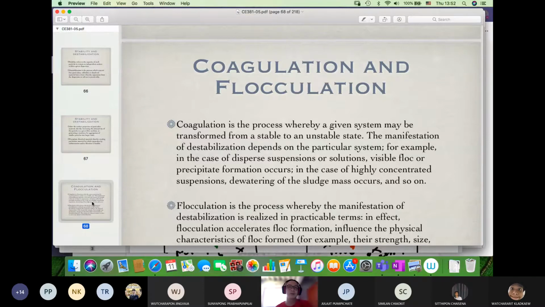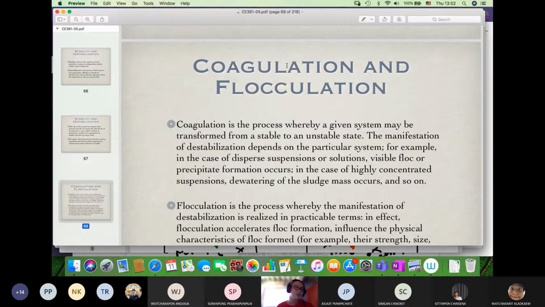In this chapter there are some 200 something pages. Coagulation and flocculation is probably one of the topics that we need to spend at least 1.5 hours on.